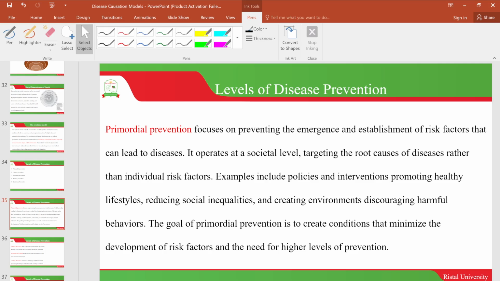We need to make sure that people are having access to the same opportunities. There is no marginalization, no poverty, and things like that. If people are not poor, it means their nutrition, access to clean water, going to good schools, all these will play an important role in their health.